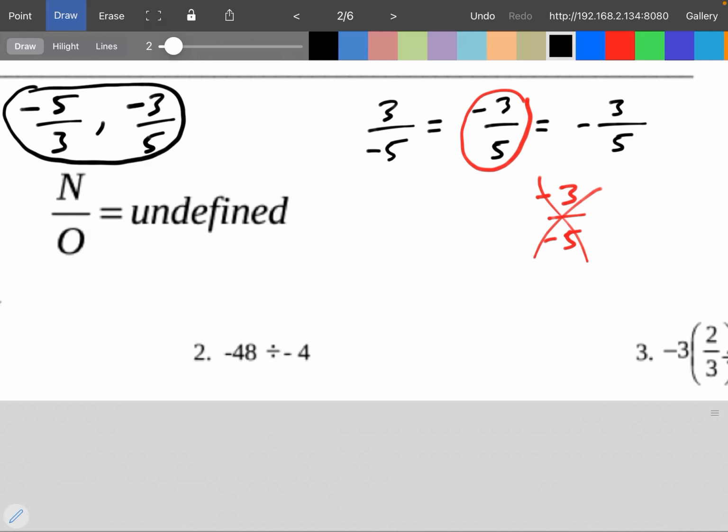What if I gave you a number like 7? What's the reciprocal of 7? Yeah. Good, yeah. Because 7, like any number you can put over 1, right? So 7 is really 7/1. So then the reciprocal would be 1/7.